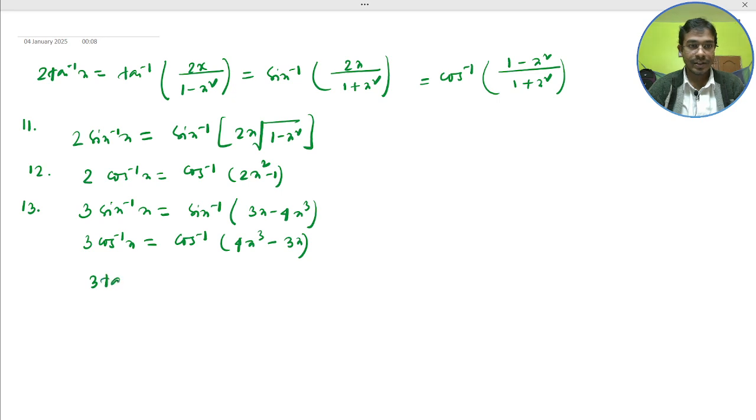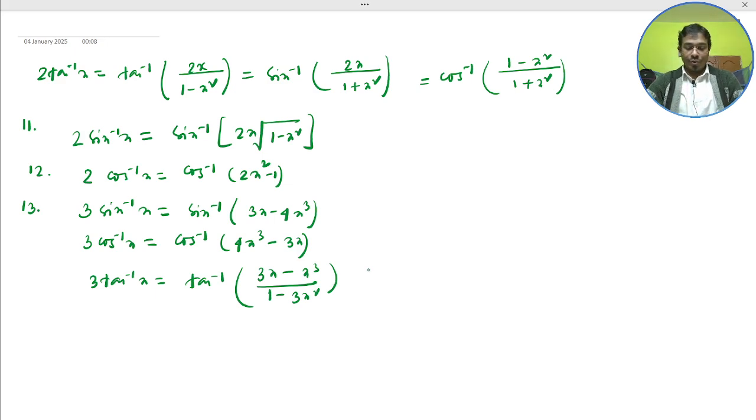Next, 3 tan inverse x is equal to tan inverse of 3x minus x cube divided by 1 minus 3x square. So these are our formulas of inverse trigonometric functions.